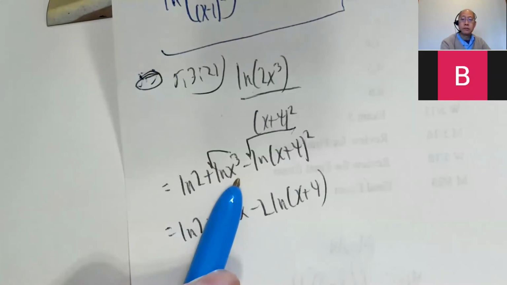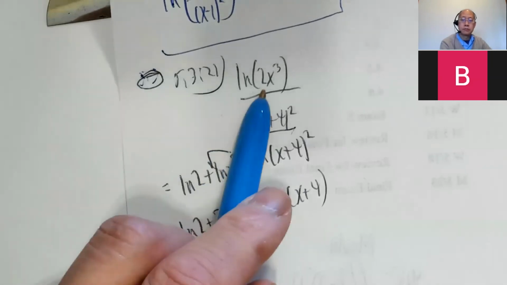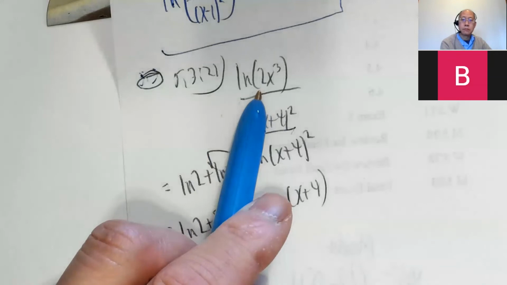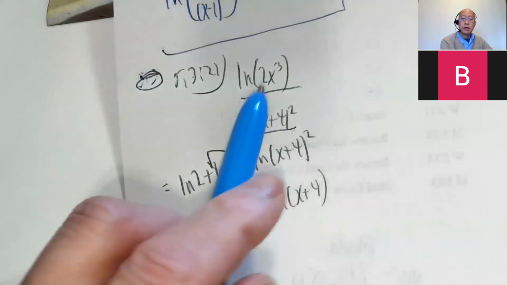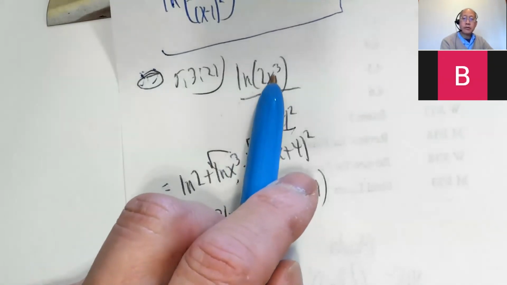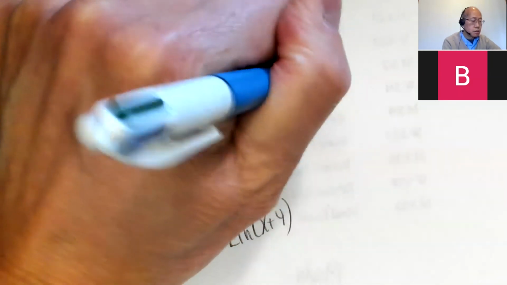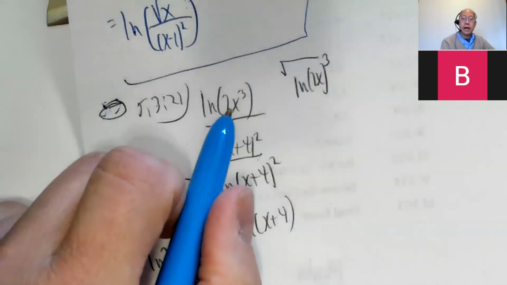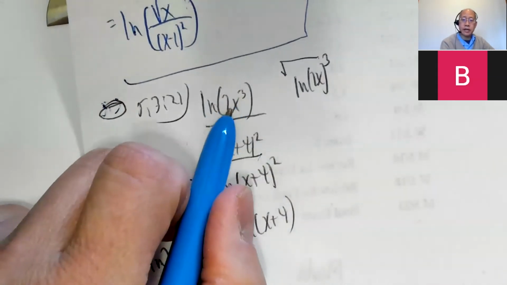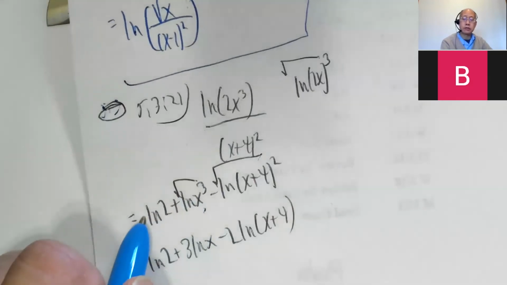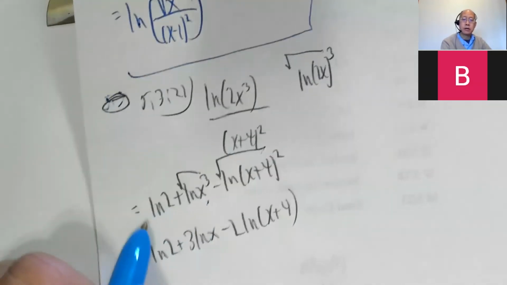For ln 2x cubed, I changed it to 3 ln 2x and then I separated it into an addition problem. Okay. In this situation, you're not allowed to take down the 3. It would have to look like this. Then you can bring the whole thing down. As it stands, the 3 is only applied to the x, not the 2. So that's why the 3 comes down only here and not to the 2 also. That makes sense. Thank you. Welcome.